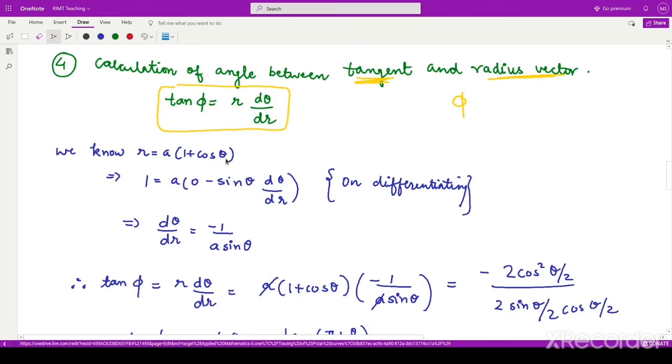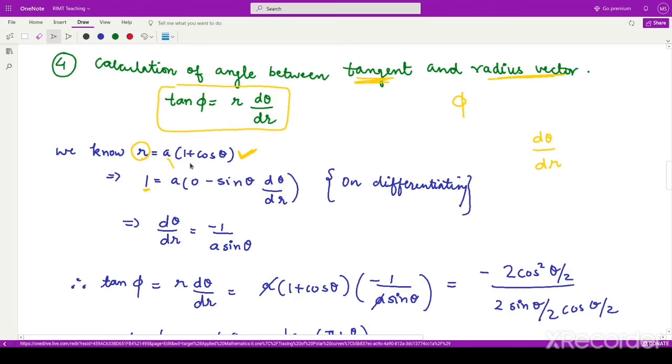Firstly, we will calculate this d theta by dr. So how can we do that? We can differentiate this curve with respect to r. On the left hand side you would have r, and differentiating it with respect to r, that would be 1. a is constant, so it will come as such.